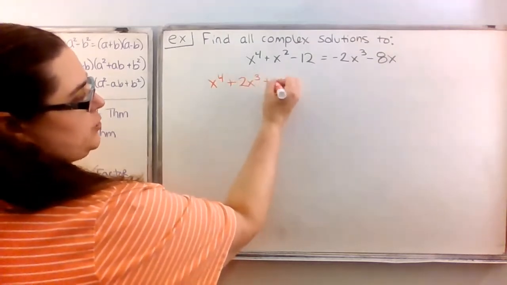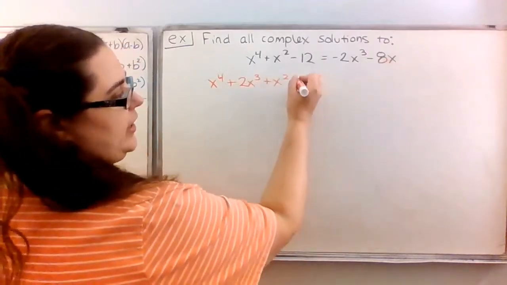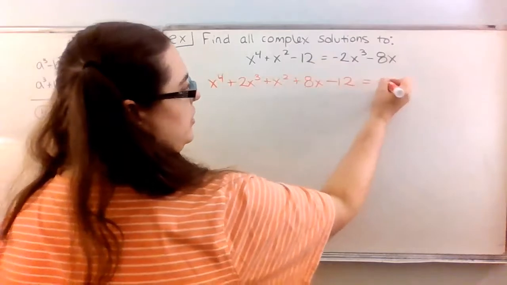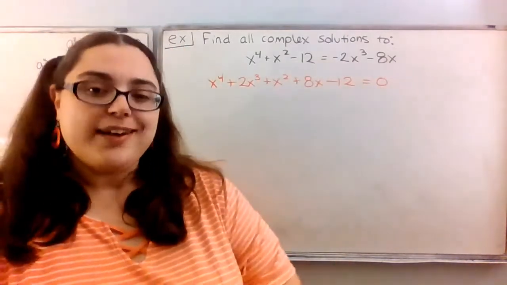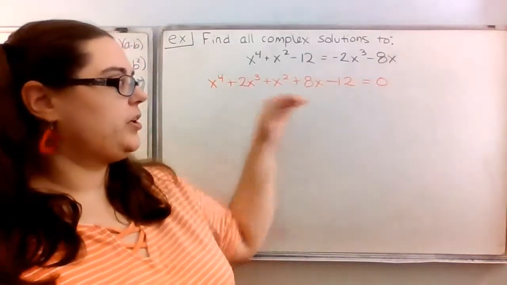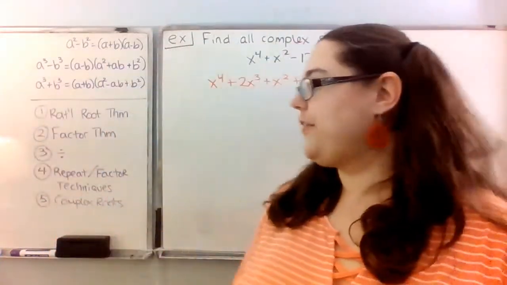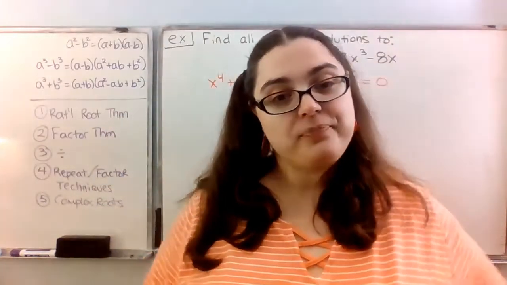Bring down my plus x squared. Then since we have a minus 8x, I'm going to add 8x to both sides. I have my minus 12. And now we equal 0. So now, once you have a polynomial equal to 0, you can go ahead and apply your factoring techniques and use that to solve.